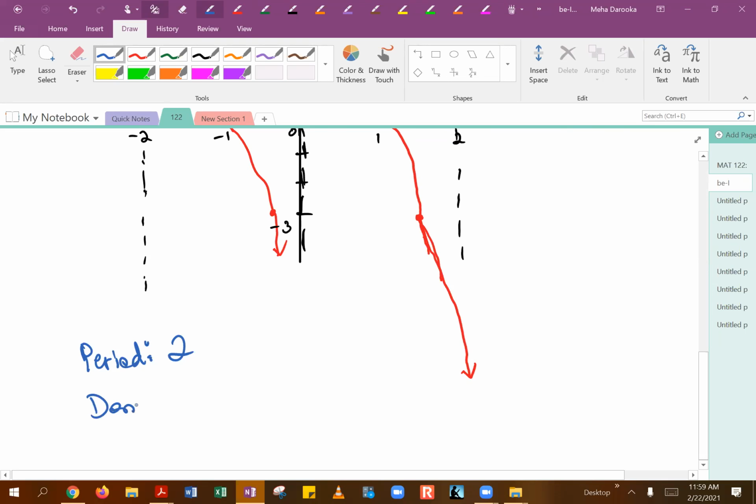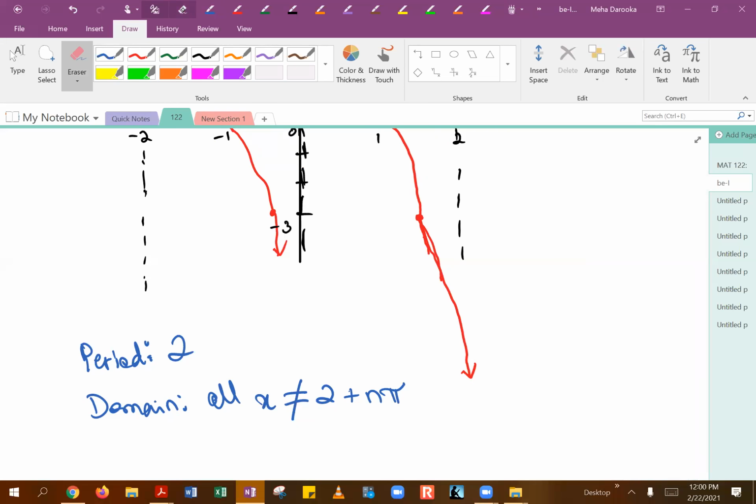Same thing, if you had to talk about domain like we did for the last example, we would say all x except where you have your vertical asymptote. So since we have a vertical asymptote at 2, you would do 2 plus n times pi, sorry, not n times pi because our period changed.